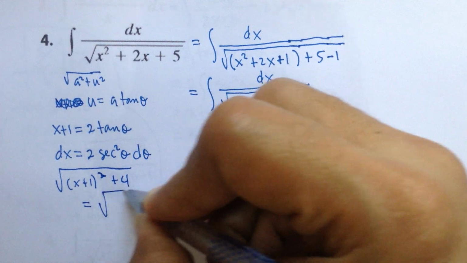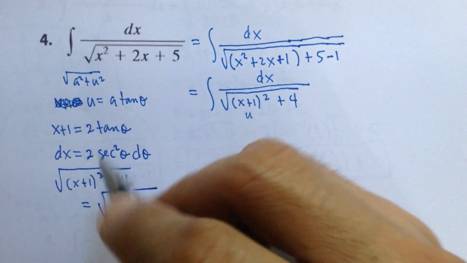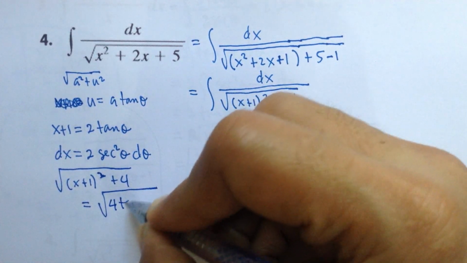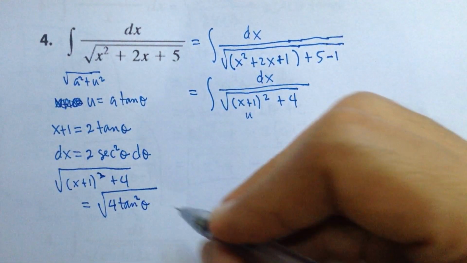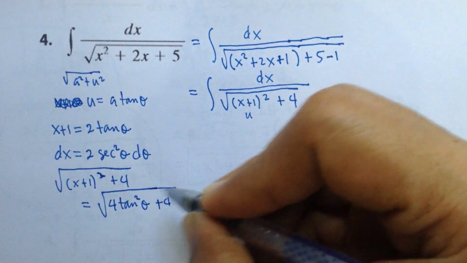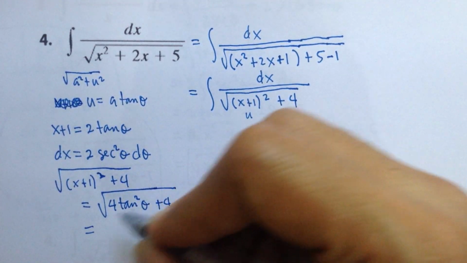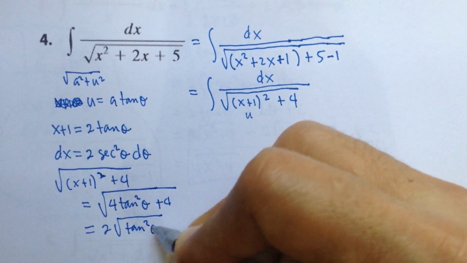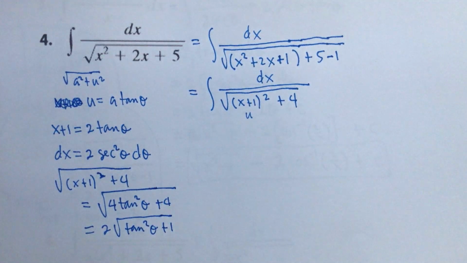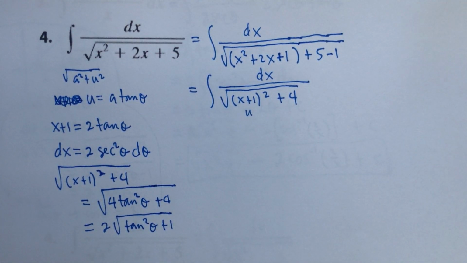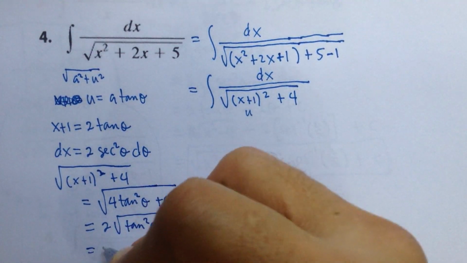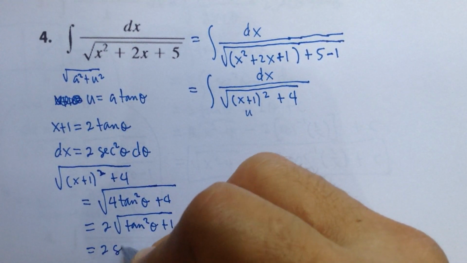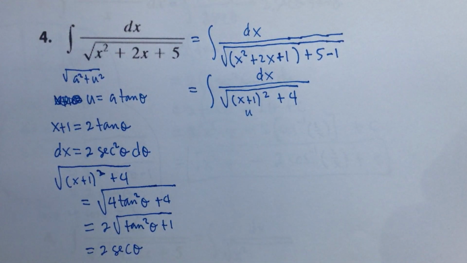That's actually equal to, your x plus 1 is 2 tangent theta, so this will become 4 tangent squared theta, then plus 4. Again, 4 is common, square root of that is 2, so you have tangent squared theta plus 1. And the identity is, this is secant squared, and the square root of that is secant theta.